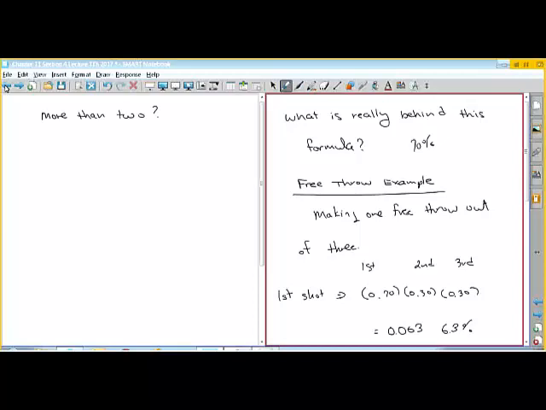So the question I have is, what's the probability of making 1 free throw out of 3? And we know how to do that. Using the formula, we would say n is equal to 3, x is equal to 1, the probability of success is 0.7, and the probability of failure is 0.3, and we plug it in the formula.